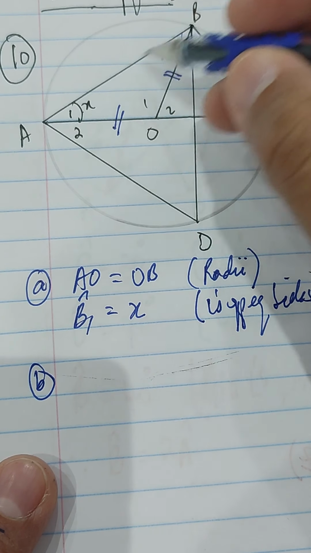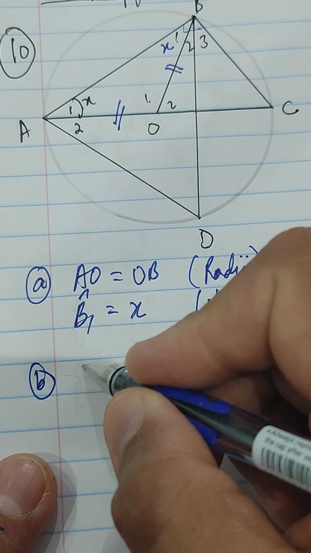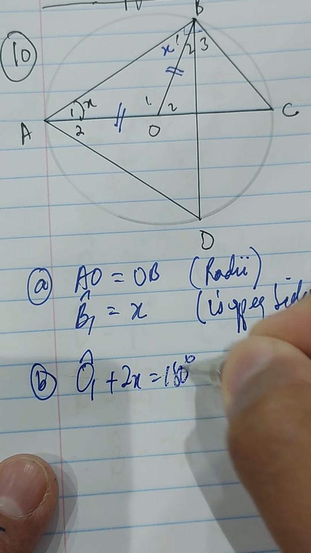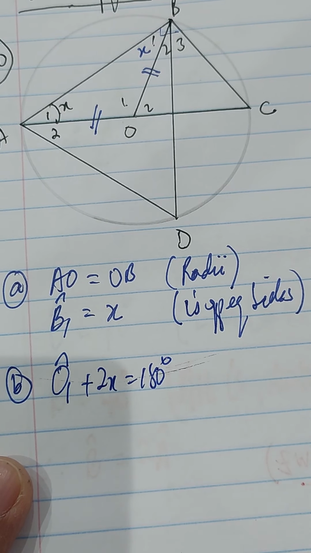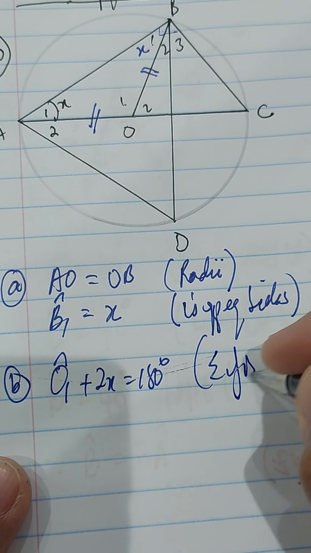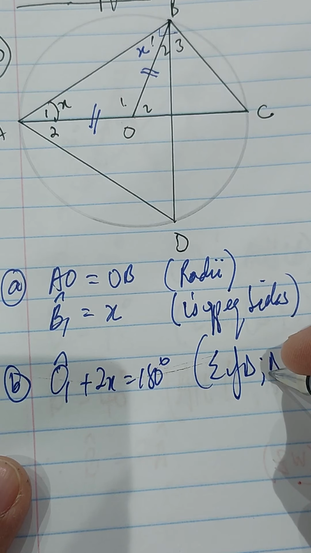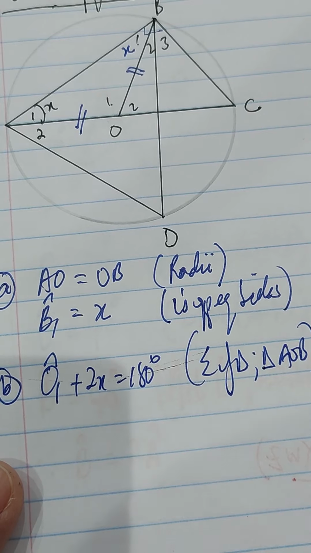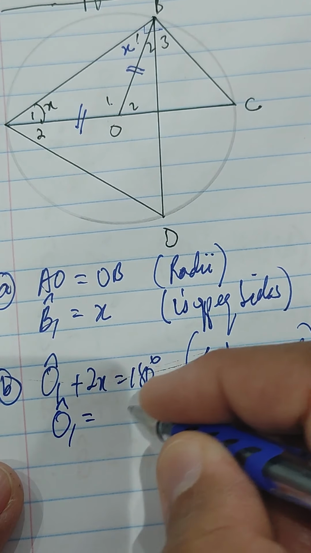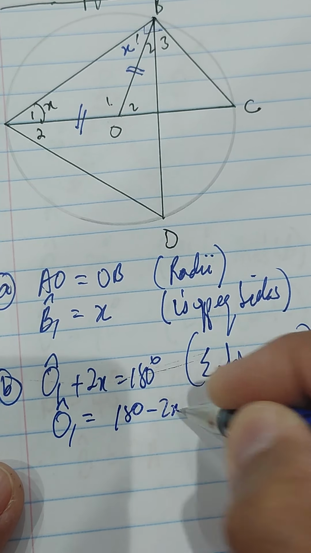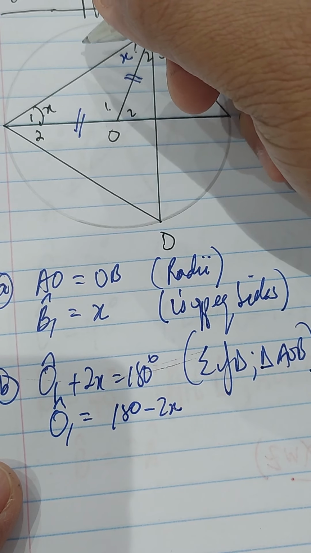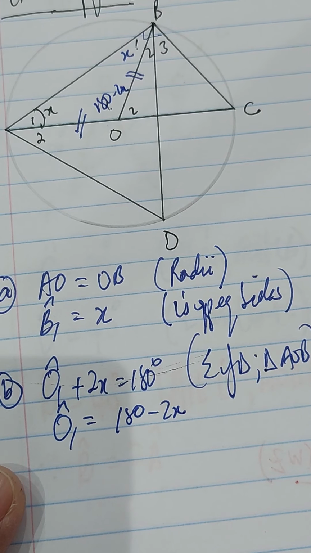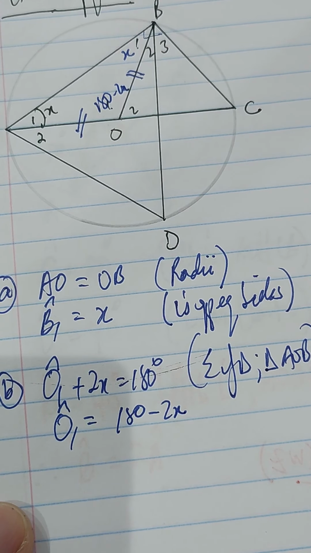So X plus X plus O1 equals 180, so angle O1 plus 2X is equal to 180 degrees. Why? Sum of triangles, triangle AOB. So angle O1 is equal to 180 minus 2X. Again, I put that also in the diagram. Remember, we're populating the diagram.